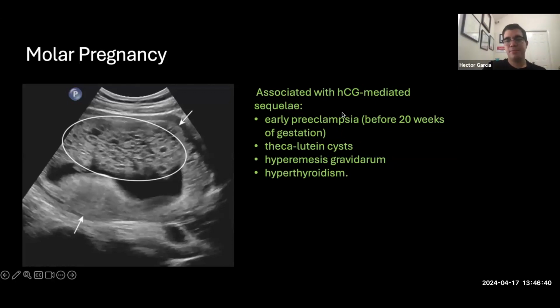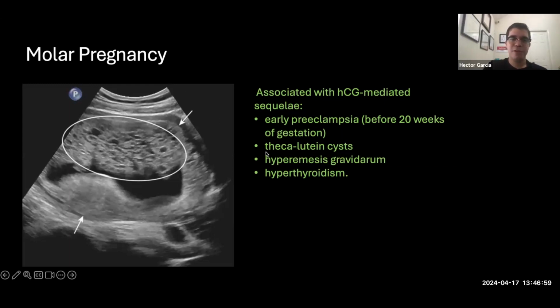This is a pregnant patient with an extremely high beta hCG, usually above 100,000, and it may present with early preeclampsia or theca lutein cysts, hyperemesis gravidarum. These are all associated with molar pregnancy.